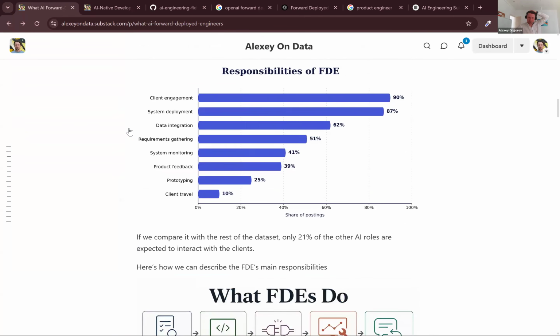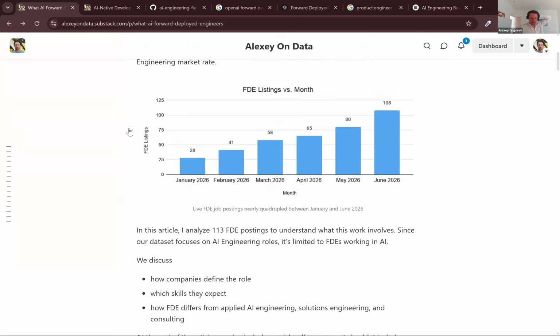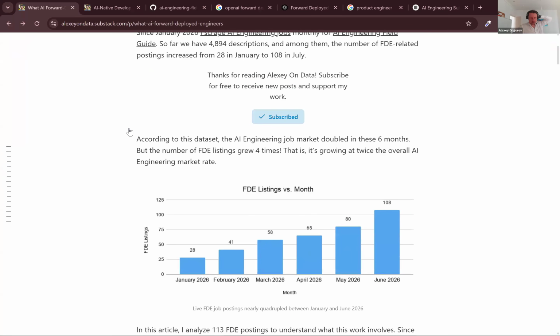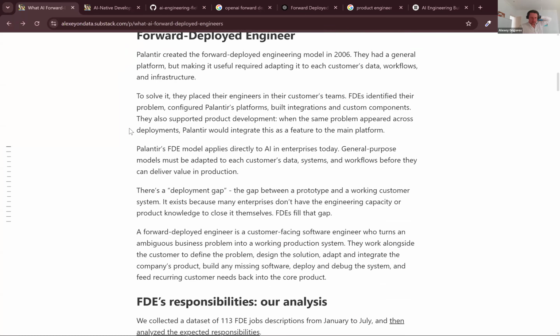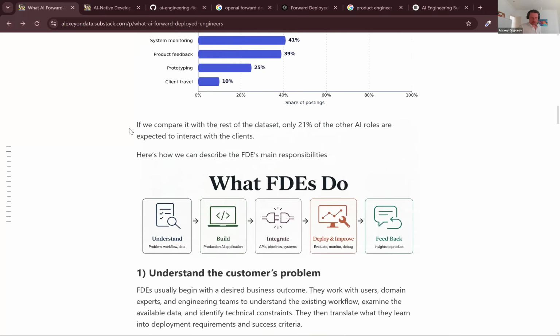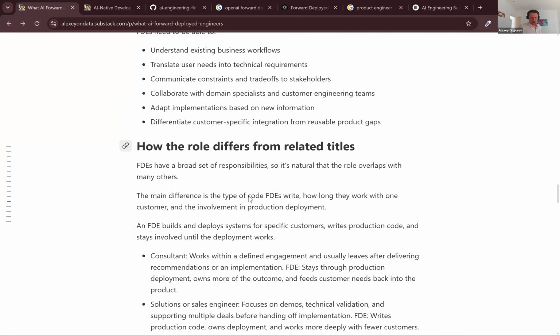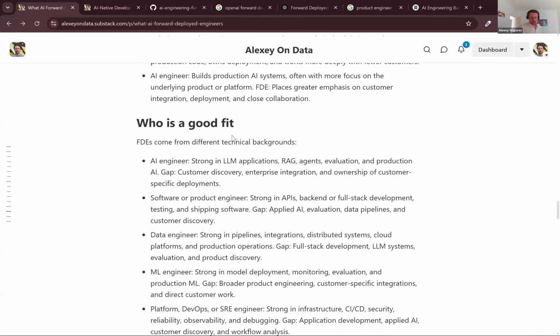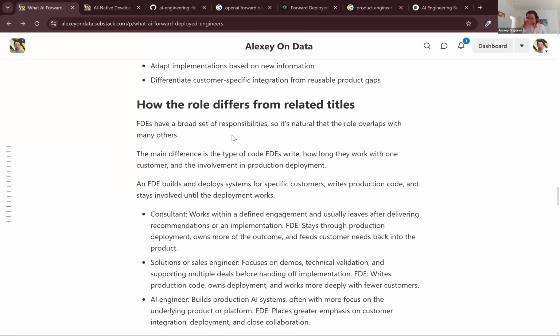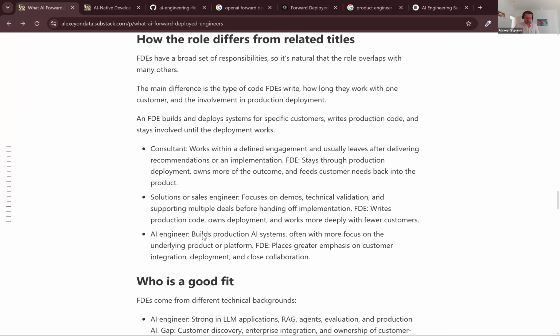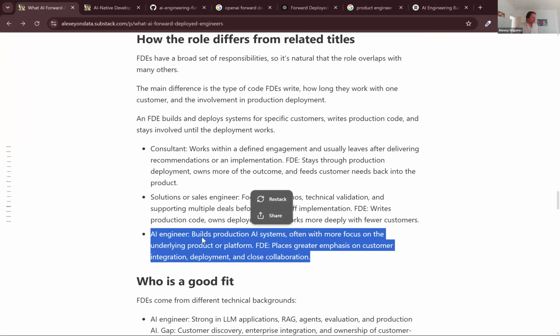I think I already covered all the parts in this article. We covered what they do, what their responsibilities are, the skills, and who is a good fit. Maybe the last thing we didn't cover is how it's different from other roles. The obvious one, which maybe I should have started with, is AI engineers.